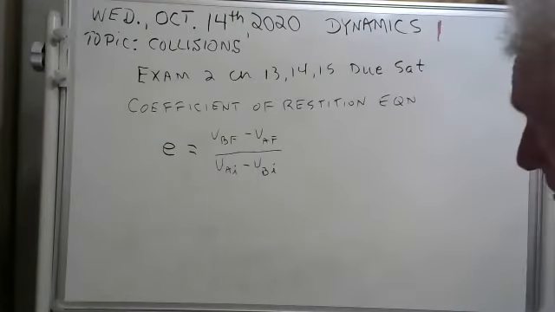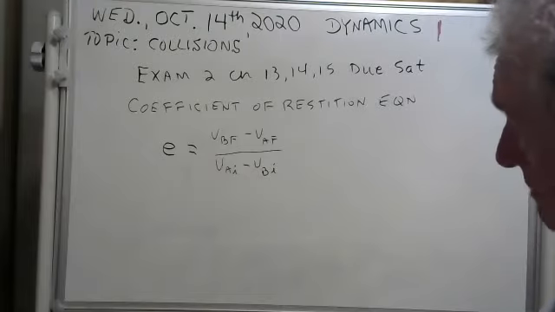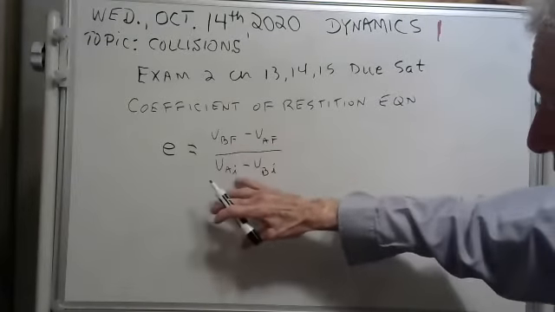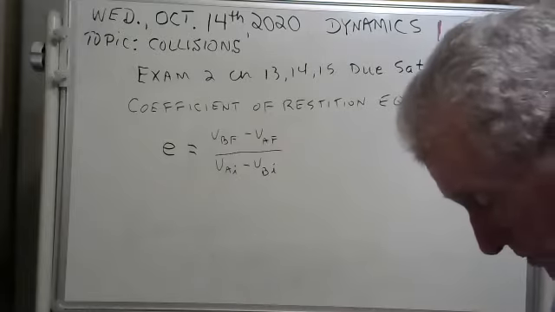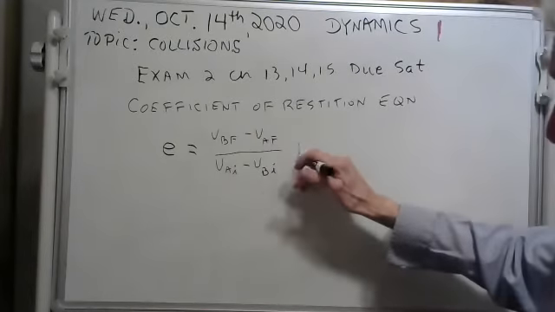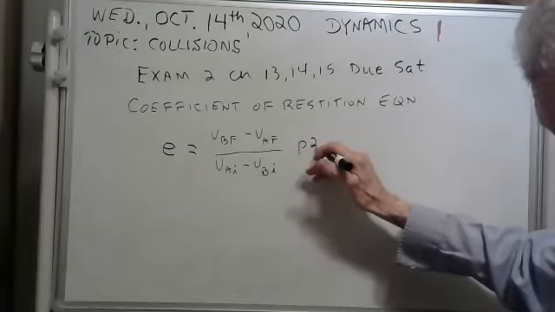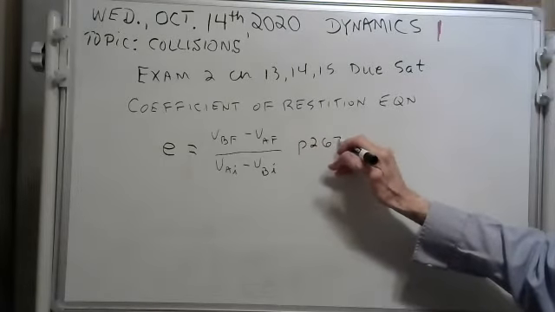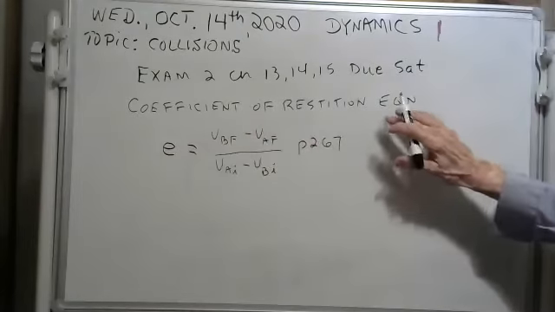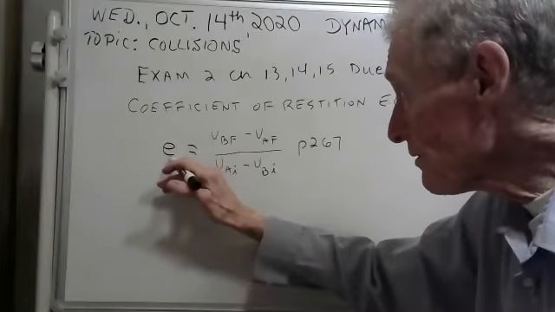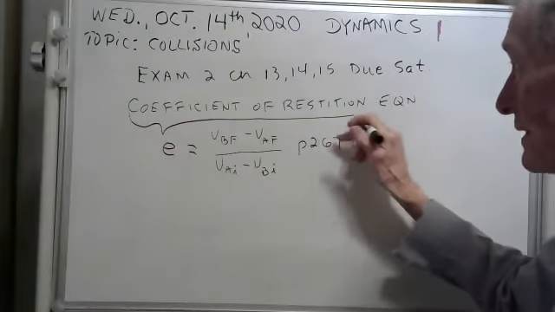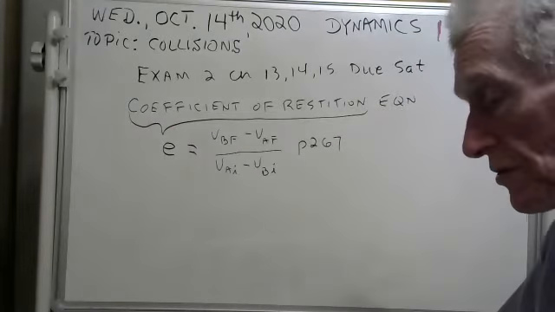Yeah, that's right. I think they use 2 instead of final and 1 instead of I for initial, but it's the same thing. And that equation's on page 267. This equation is called the coefficient of restitution equation. And this little guy right here, this little e, that is the coefficient of restitution.